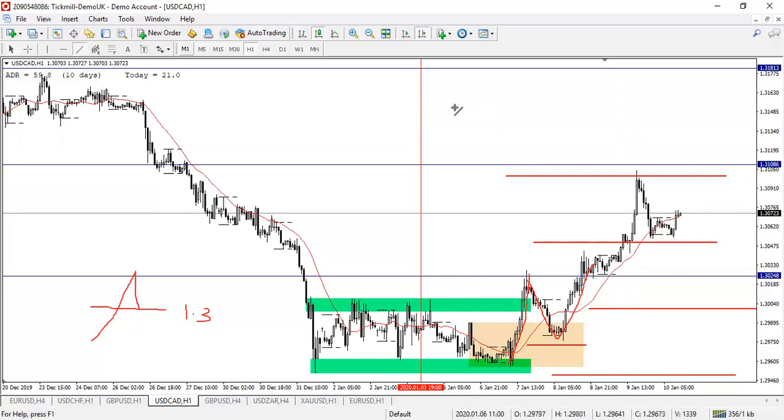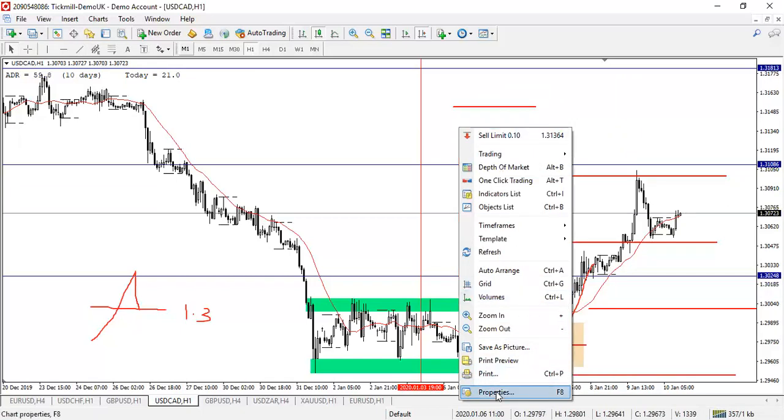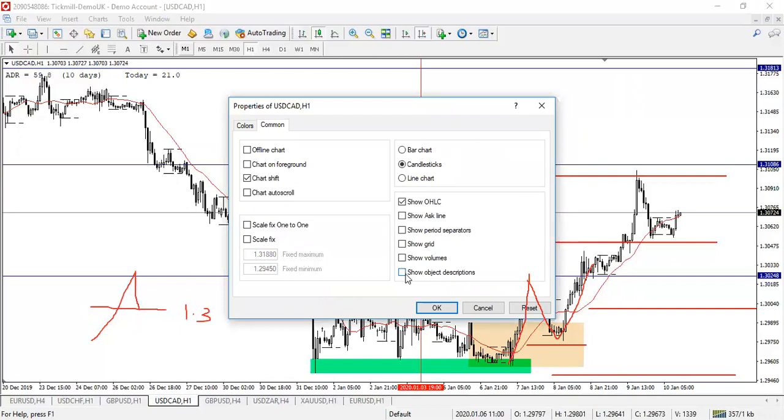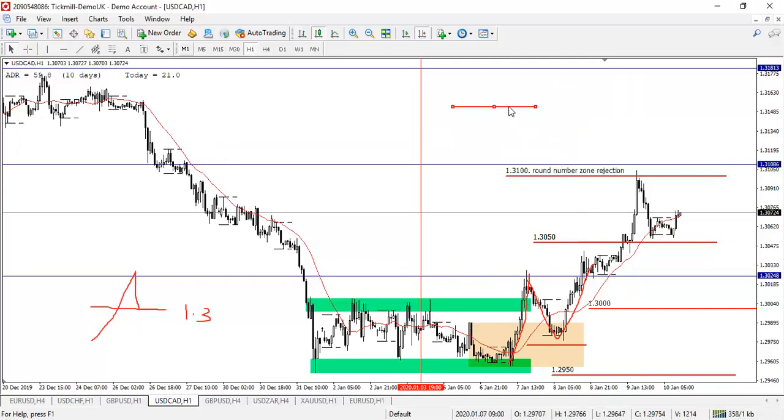I draw this line here, and then I want to have some words associated with it, for example zone rejection or anything. I just right click on the chart, come here on properties, you click there, and then you click here. Look at this, show object descriptions. You click that, and then you say okay, that's all. Okay, so this is round number rejection.